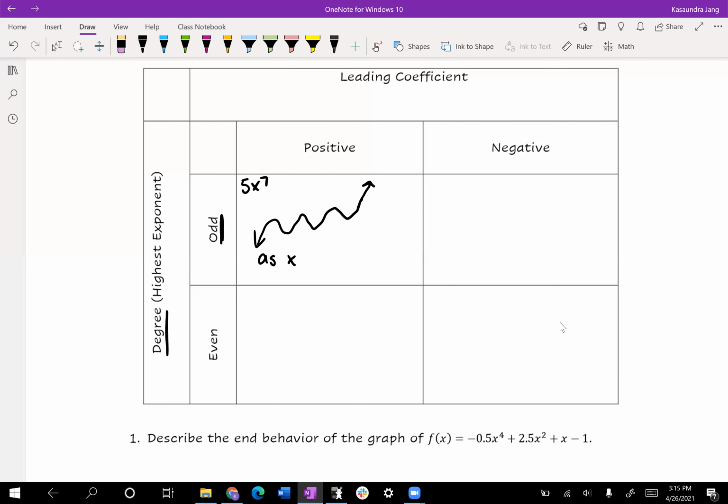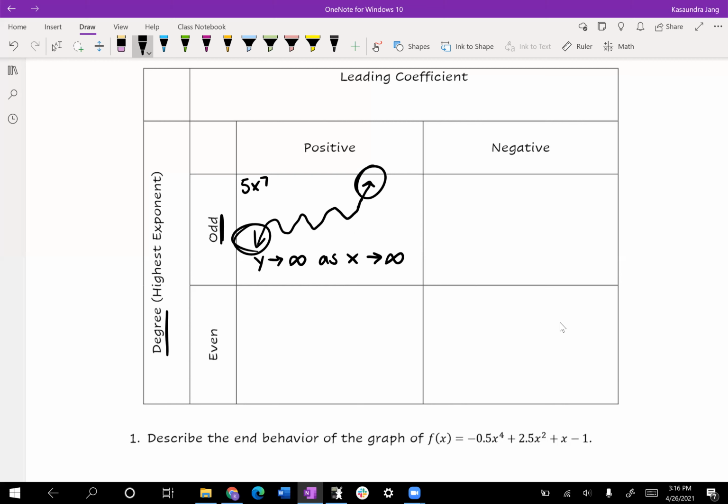As x, actually I'll put it like this. My y's go toward positive infinity, like my y values up and down. My y's are going up as the x's go to positive infinity, like to the right. Basically, this is saying my graph is going up as I go to the right. That's describing that right side end.